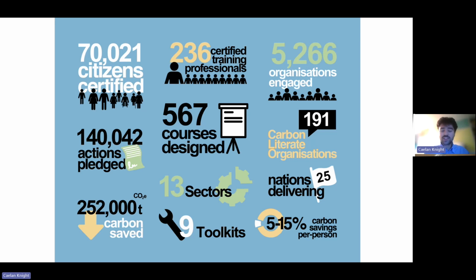But that means that organizations across the world can pick up carbon literacy training, adhere to the accreditation, and deliver training to their peers, their colleagues, or even friends or family. There's now been over 70,000 citizens across the world certified as carbon literate, meaning there's been over 140,000 actions pledged to reduce carbon emissions. And we estimate that that has saved 250 to 100,000 tons of carbon emissions.